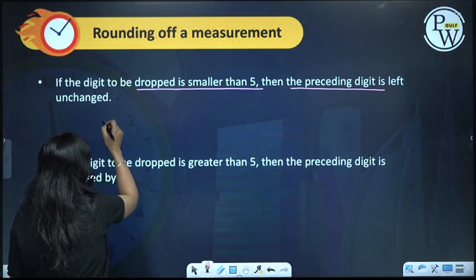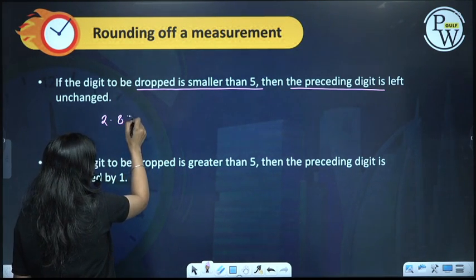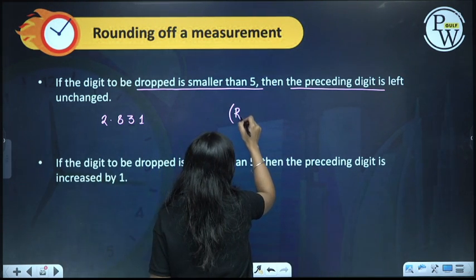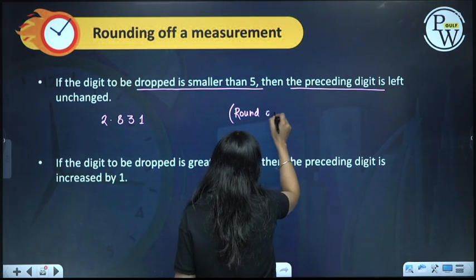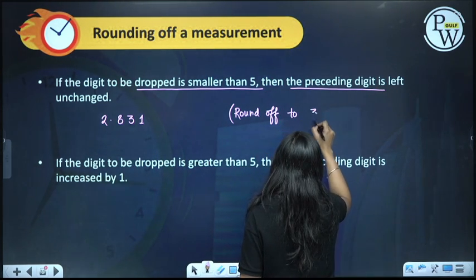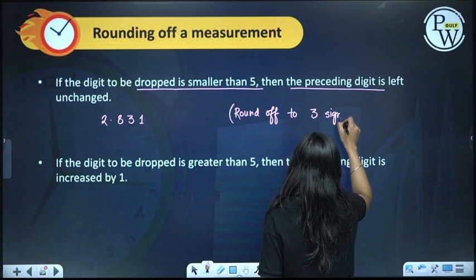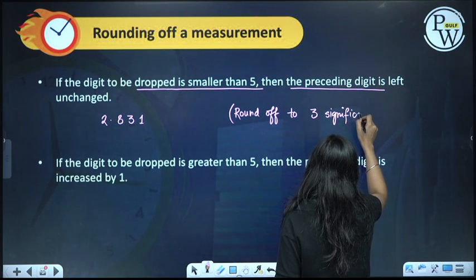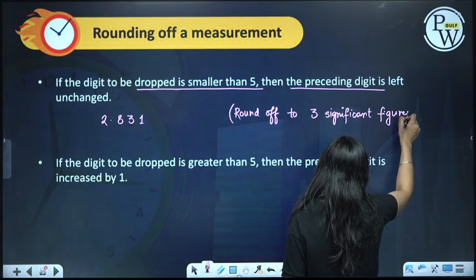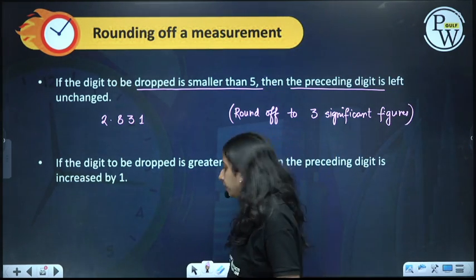Suppose we have the number 2.831. I told you to round off this number to three significant figures. It means the final number should have only three significant figures.